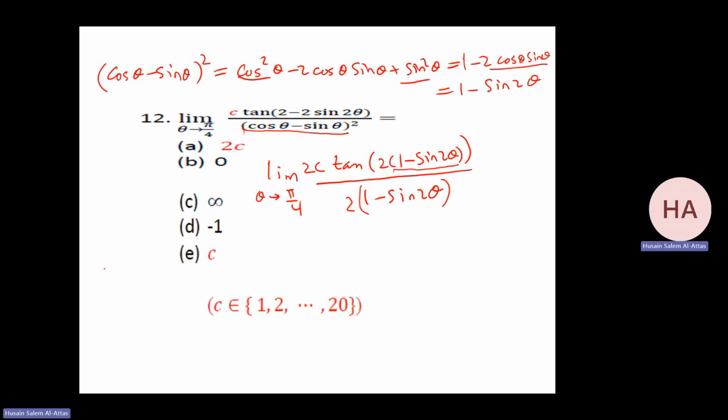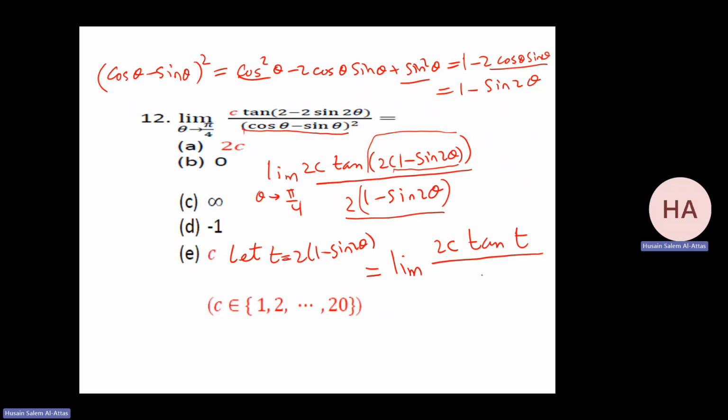Now I let t equal 1 minus sine 2 theta. See what will happen. This limit will be the limit of 2 times tan of 2, 1 minus sine 2 theta, which is the argument of tan. That will be tan t over t.